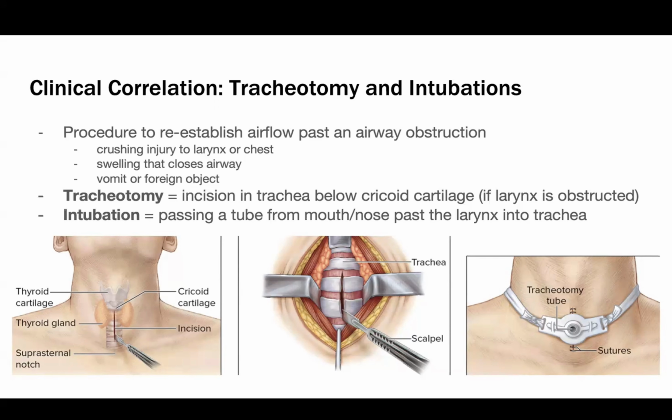Now, this is the preferred method for maintaining an airway in unconscious patients, primarily because it's non-invasive. Knowing the anatomy we've just covered, the thyroid cartilage, the cricoid, the glottis, the vocal folds, these are structures that anchor and guide these procedures.